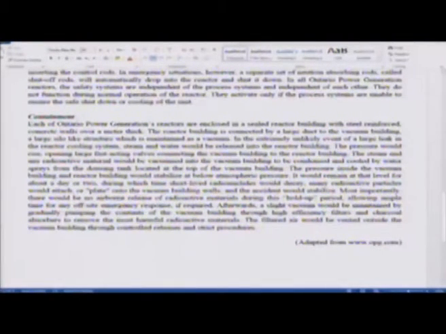So, you can see here some typical characteristics of an informational process analysis, that is the use of present tense and the use of passive voice or past participles, here is connected or enclosed, steam and water would be released, the pressure would rise. So, this is a hypothetical situation.